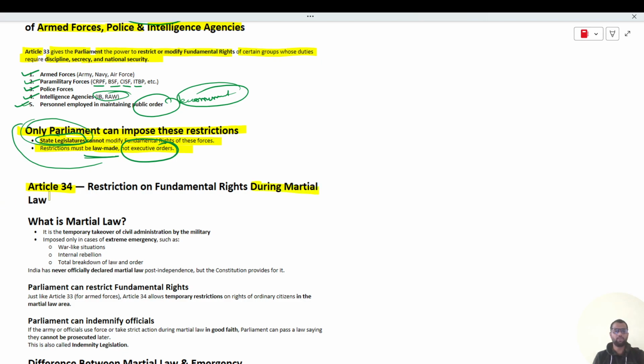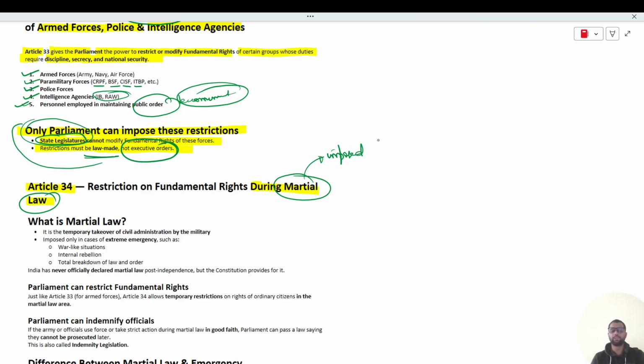What is martial law? We will understand it in a moment. But Article 34 allows Parliament to indemnify military and civil authorities for action taken in good faith during such situations. At this point, just understand that martial law is the law that is imposed when there is no other option left.